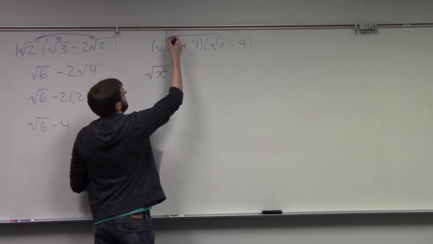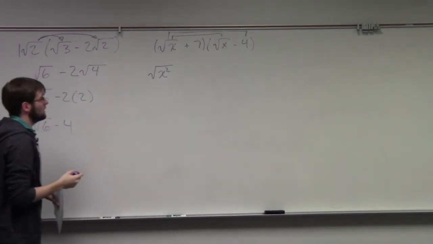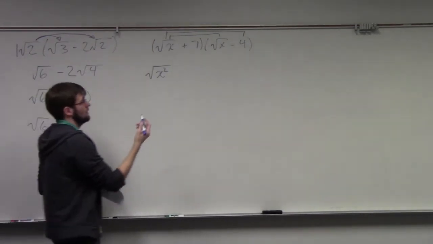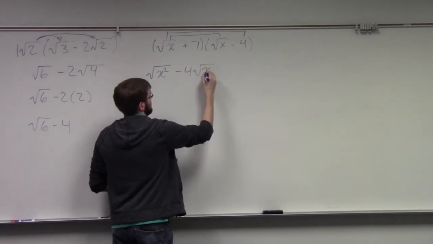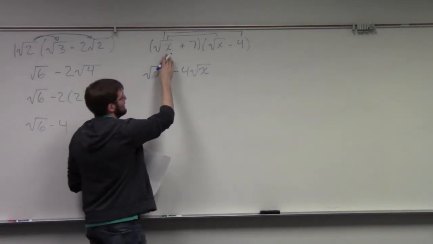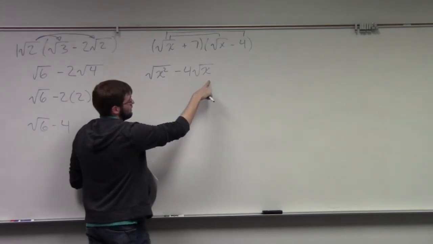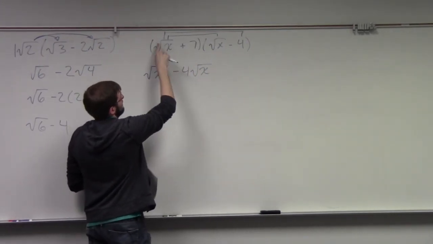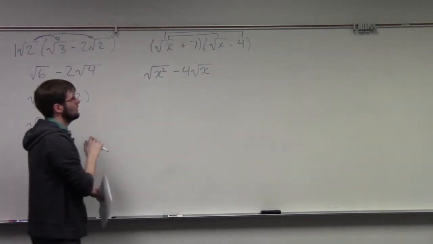We do the outside. Square root of x times negative 4 is negative 4 square root x. Don't forget the square root. Remember, you multiply the inside times the inside, outside times outside. There is no square root here, so I'm just going to throw the square root onto the end of this number. The front number is a 1, so 1 times negative 4 gives me a negative 4.